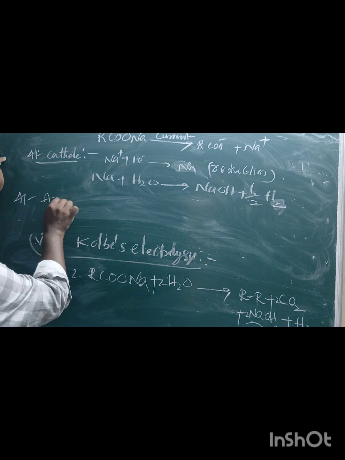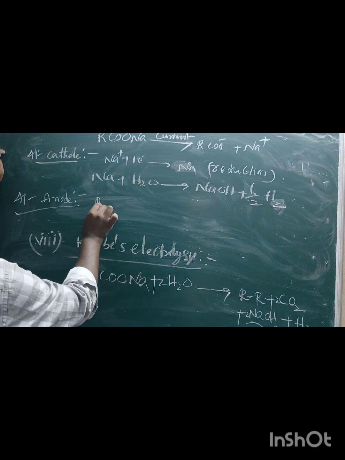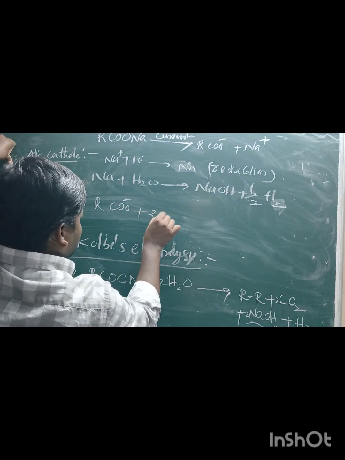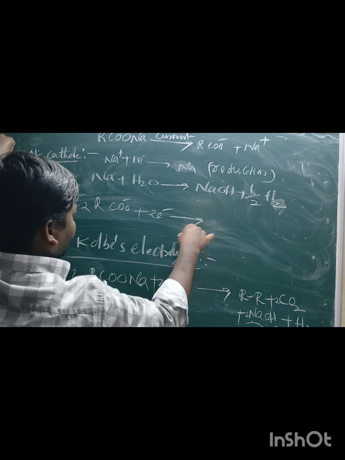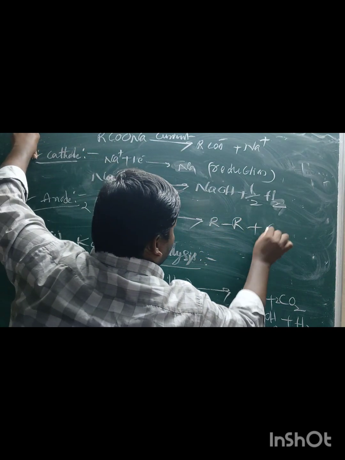At the anode, carrying positive charge, it attracts the negatively charged species. Here what is the negative charge? RCOO minus tries to lose electrons to form alkane as well as carbon dioxide.